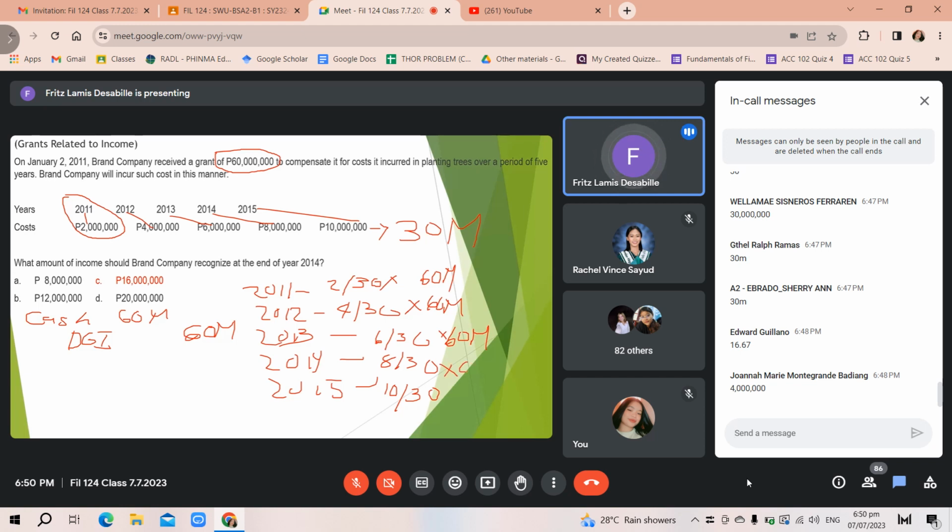Na-achieve na nato ang what we call matching. Na-match na nato si expense sa revenue, or si revenue sa expense. So 2011, pila itong recognize? 4 million. Kani kay 8 million. Kani kay 12 million. Kani kay 16 million. Kani kay 20 million.